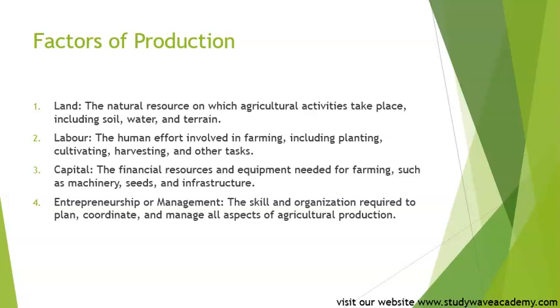Capital is the tools, equipment, and money needed to run a farm, and it's very important to make farming efficient and productive. Okay? We have mentioned three factors of production: land, labor, capital.